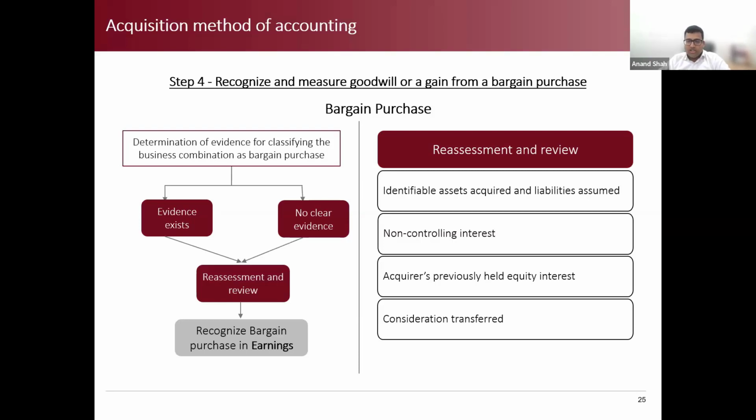Ensure that non-controlling interest has been considered in the purchase consideration. Any previously held equity interest is fair valued, and your consideration transferred includes everything that forms a part of the acquisition. I'm just going back to the assets acquired.